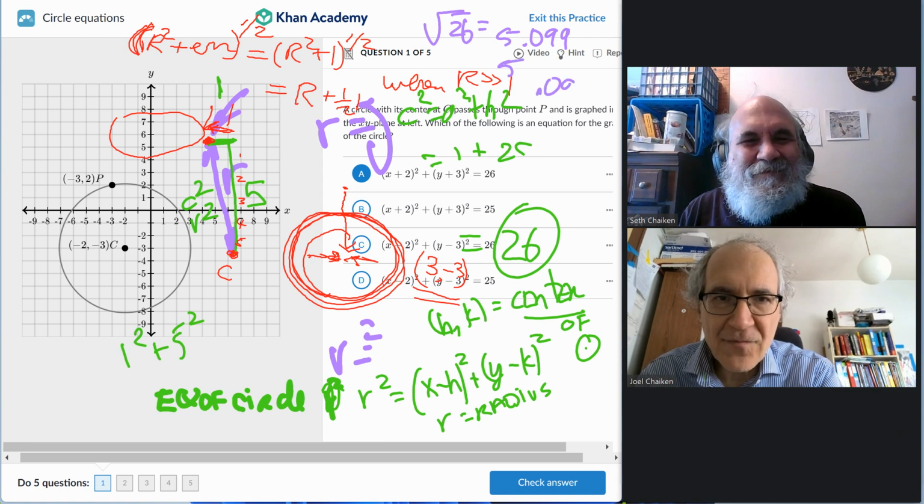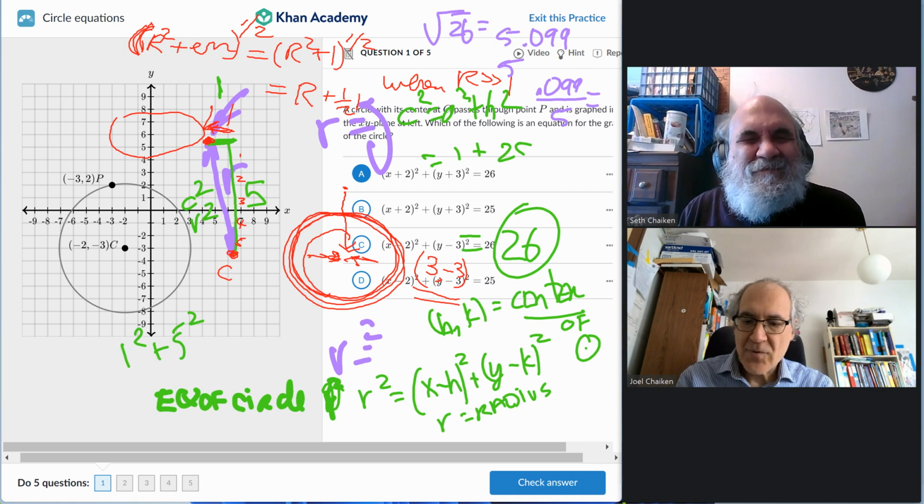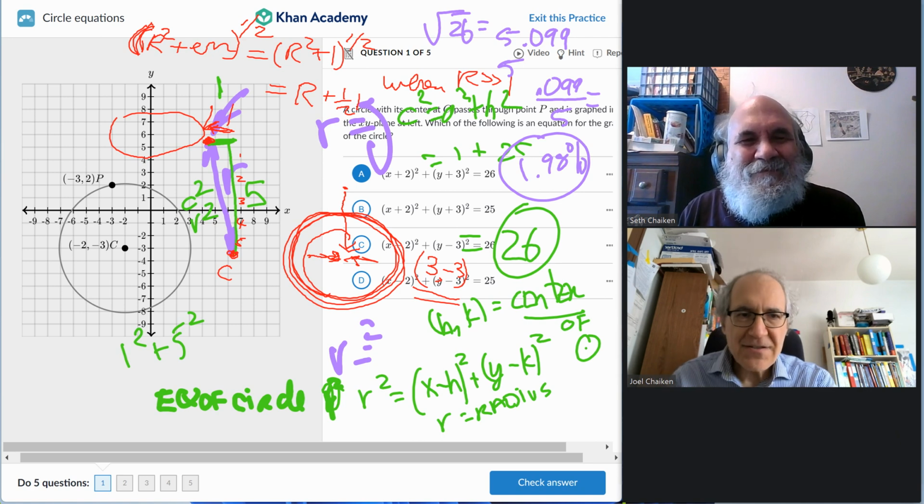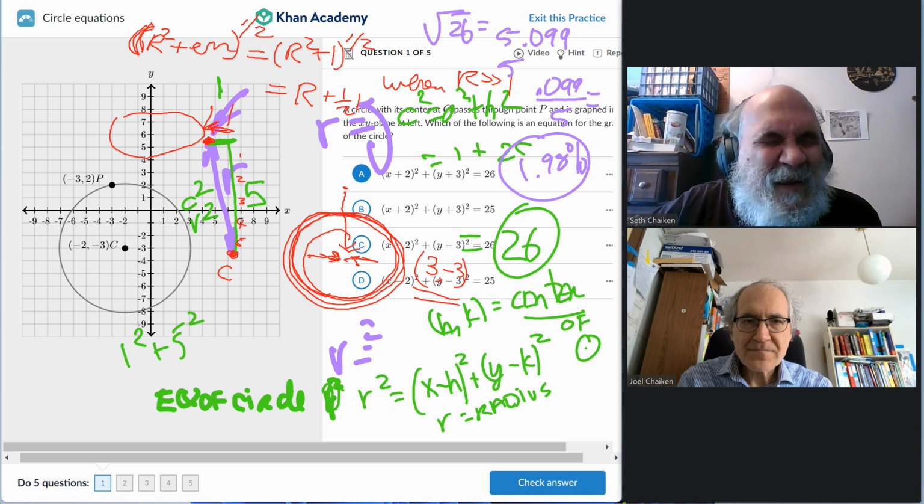So that's an error of 0.099 over 5, which is a little less than 2%. That is 1.98% in the error of the radius. So the radius is wrong by 2%. Oh no, I made a boo boo here.